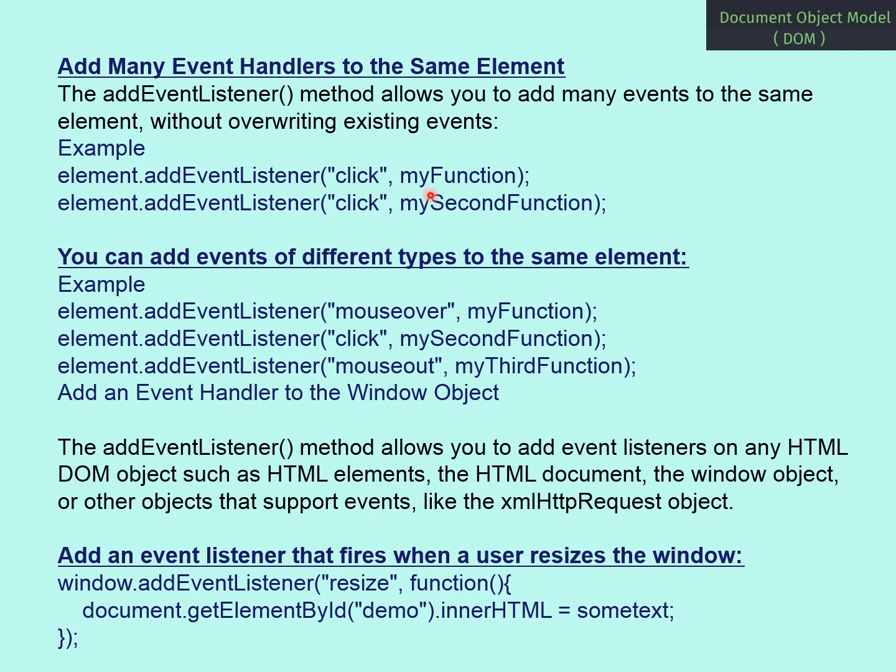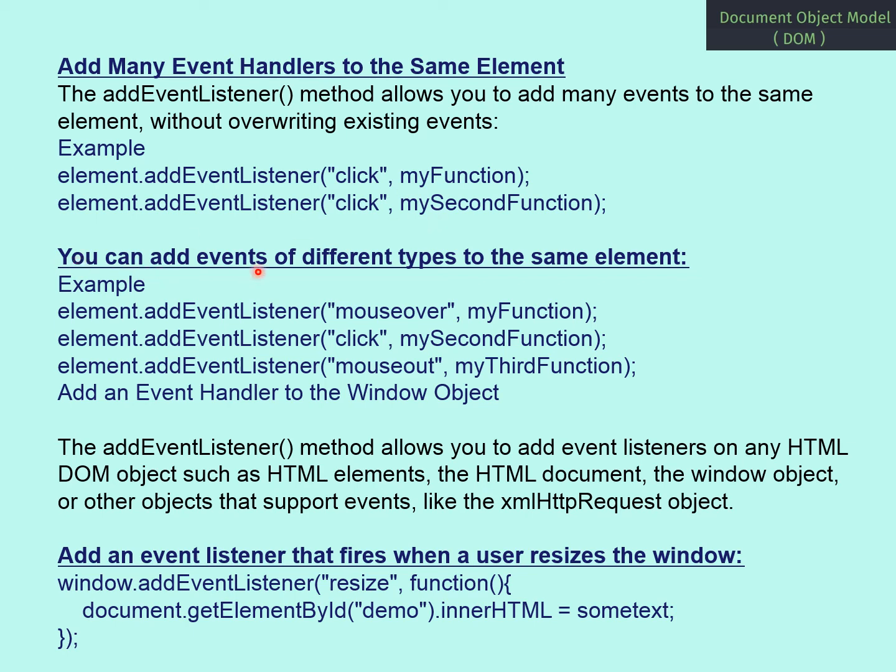That is the first event listener. Then the second is element dot addEventListener of click, mySecondFunction. Whenever the user makes a click on the corresponding element, myFunction will be called, and mySecondFunction will also be called.